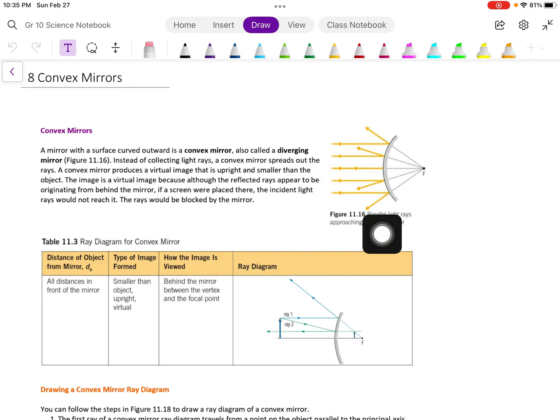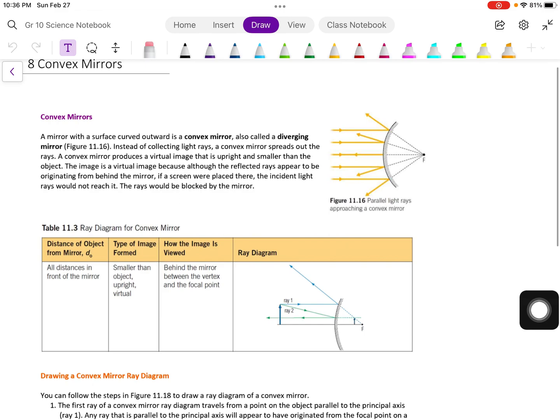In concave mirrors, converging, the reflected rays come together at the point of F. So F and C are on the opposite side of the mirror in this case, because if we were to continue around and make this a circle, then the center of curvature would be over there. And F is half that distance.